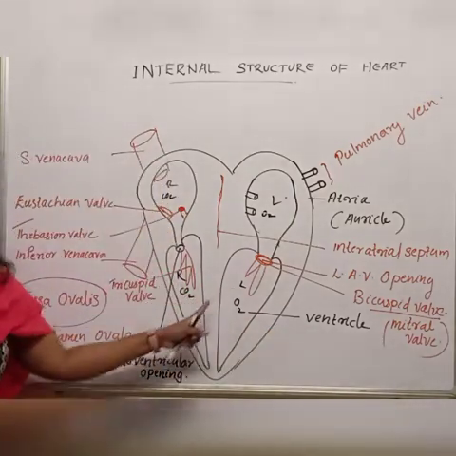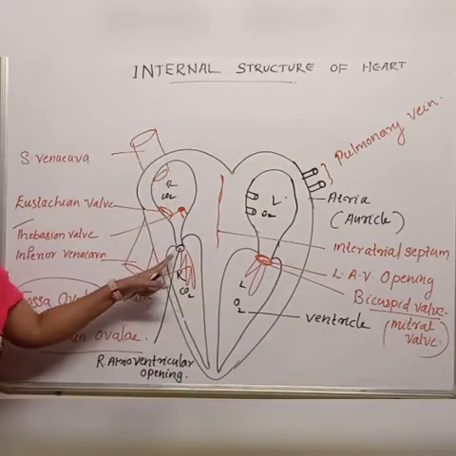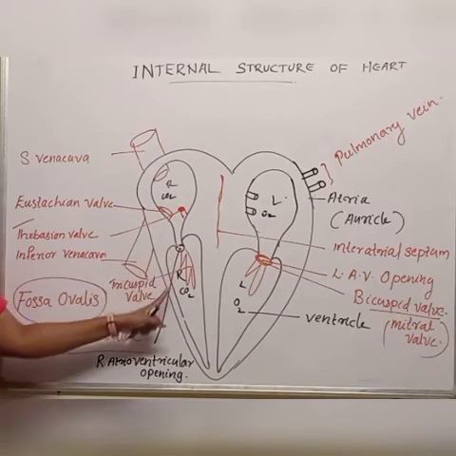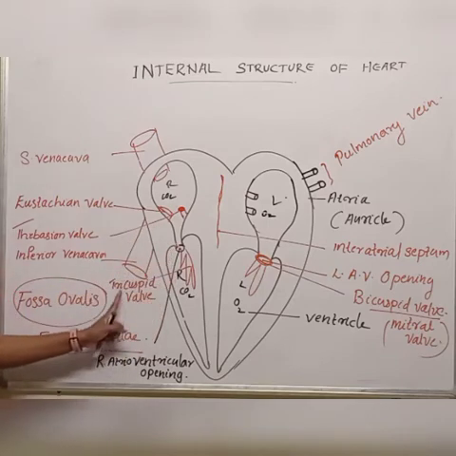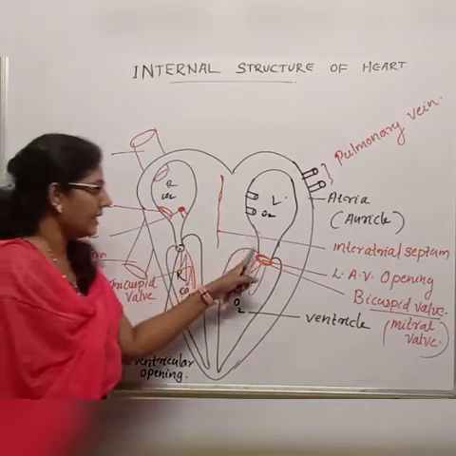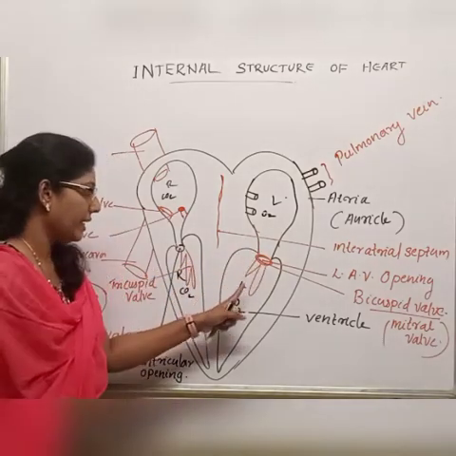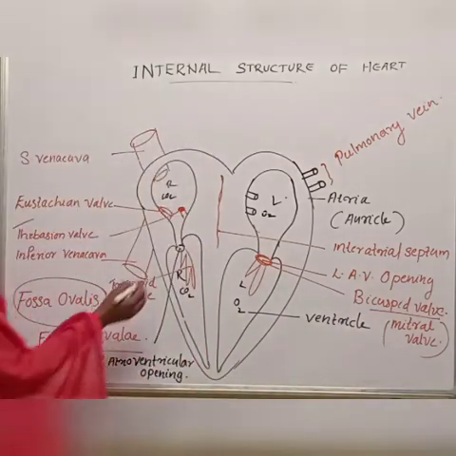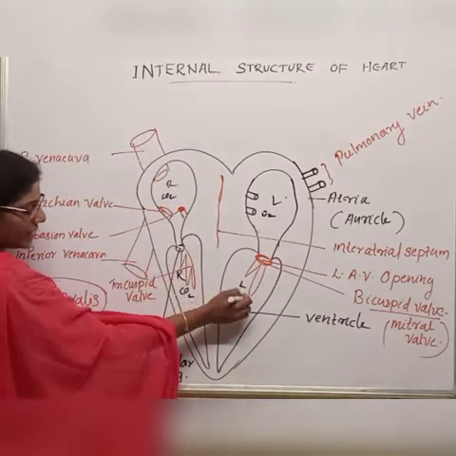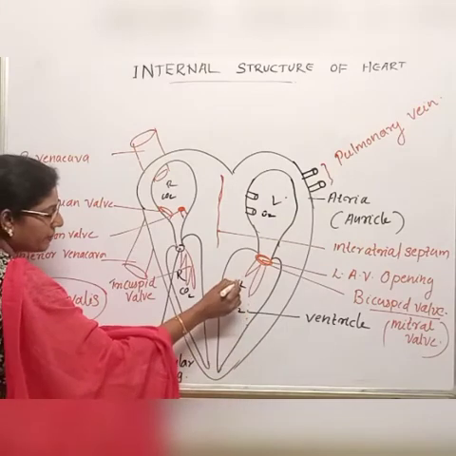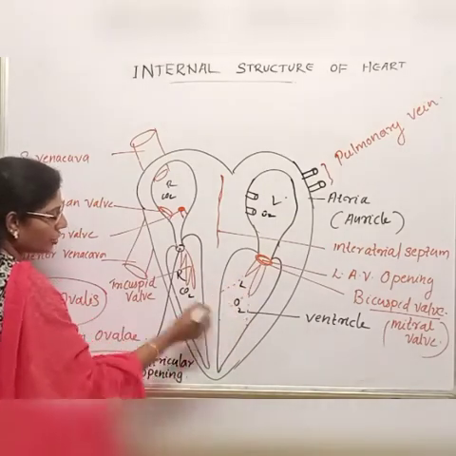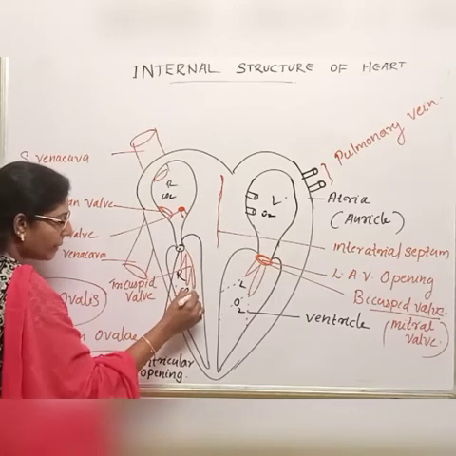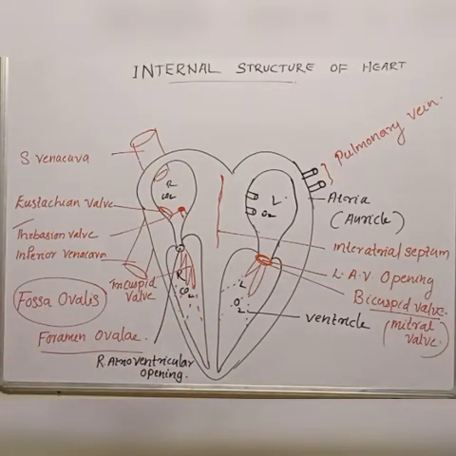So two valves again we studied. One is present in the right atrioventricular opening, that is called the tricuspid valve, and one is present in the left atrioventricular opening, that is called the bicuspid valve or mitral valve. These two valves are attached to the wall of the ventricle, where papillary muscles are there.